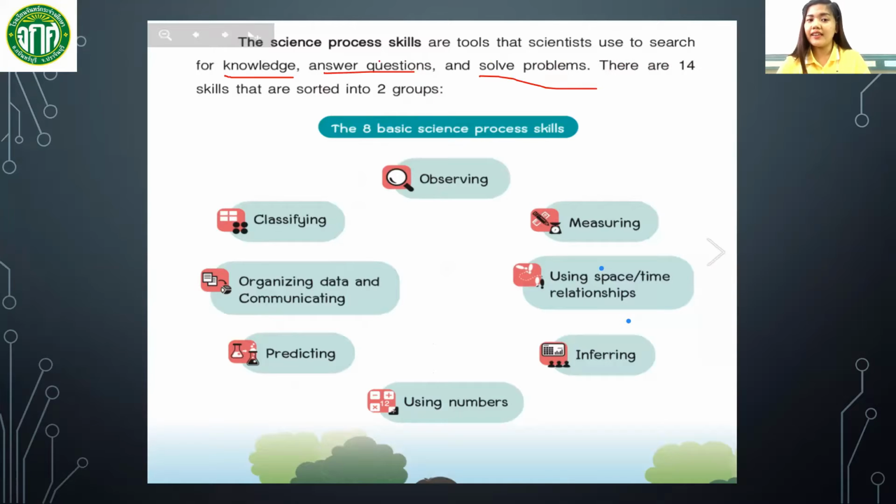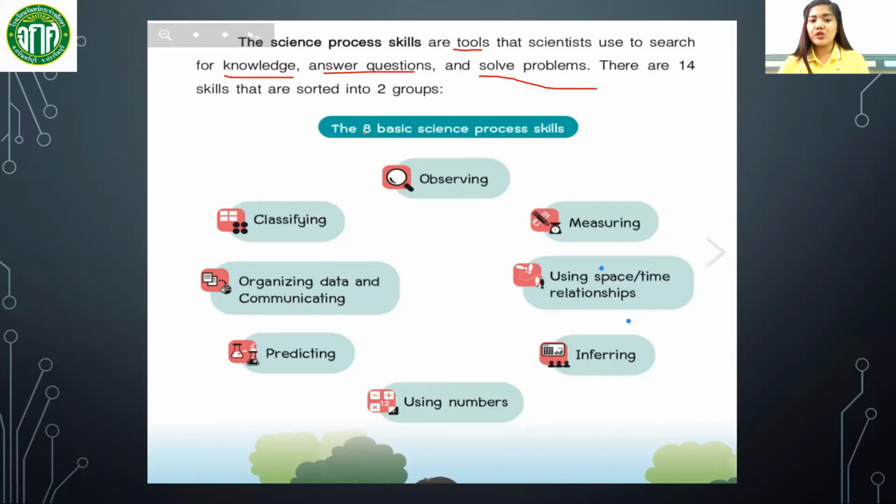Okay, so once again, the science process skills are tools that scientists use to search for knowledge, answer questions, and solve problems. Now there are 14 skills in total, sorted into 2 groups.